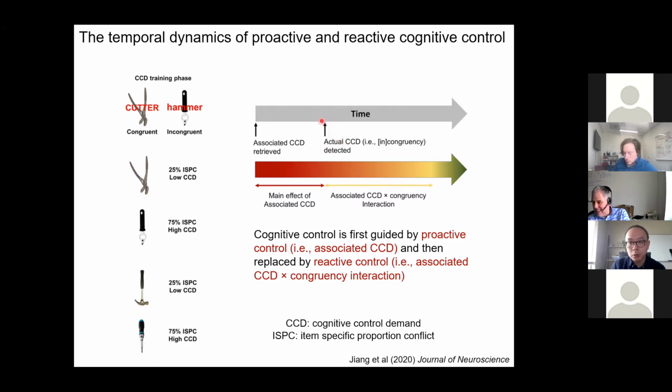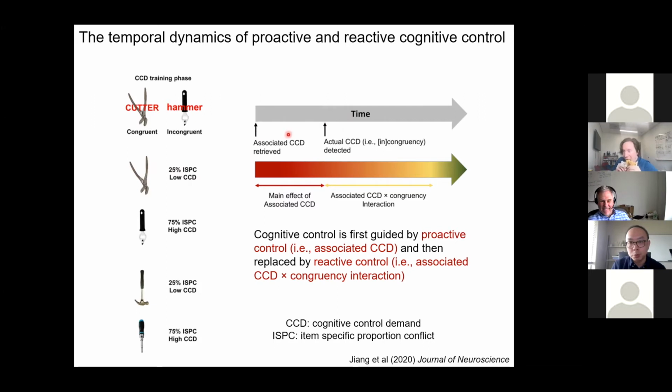From this point on, the brain is going to use the actual control demand to guide cognitive control to generate a response. But before that, because we have this association, the tool image can be used as a cue to retrieve its associated cognitive control demand.